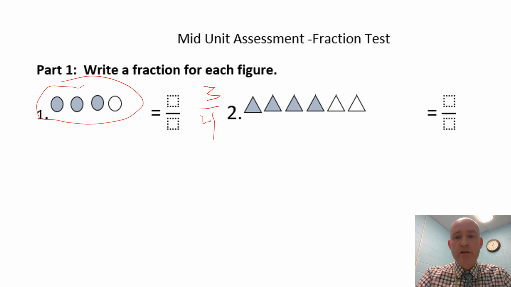How many out of the denominator? 1, 2, 3, 4, 5, 6. Okay, so out of 6, how much out of 6? Well, there's 1, 2, 3, 4. There's 4 out of 6 that are represented as this fraction. Okay.